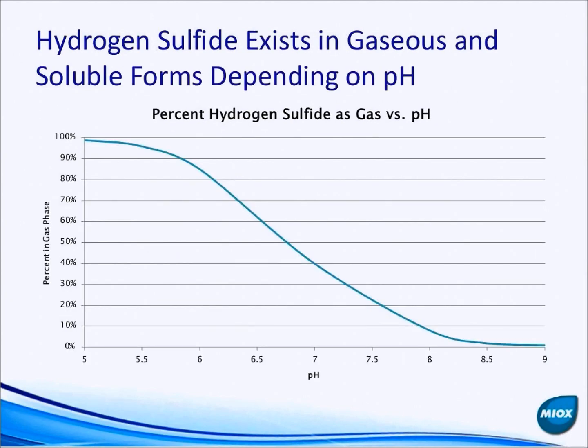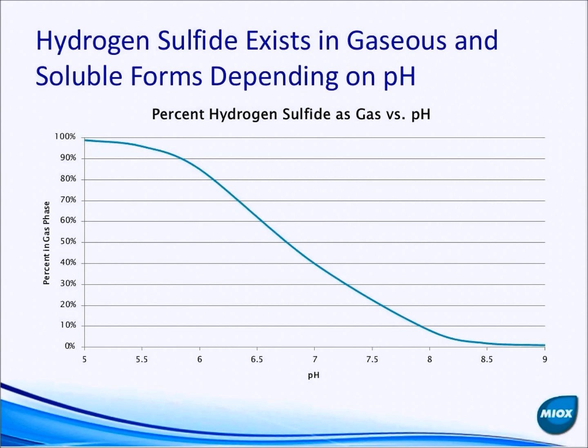So as I mentioned, pH does have a very important impact on hydrogen sulfide and how one would go about treating it. The hydrogen sulfide actually exists in two states in a water supply. It can either be a dissolved gas or a soluble product. The dissolved gas is literally just the dissolved H2S, and it's highly pH dependent.